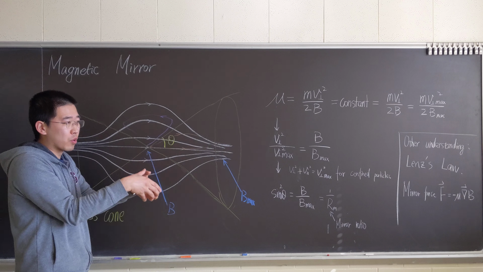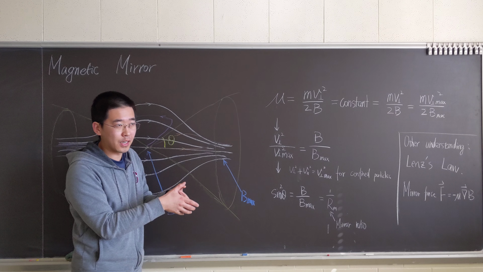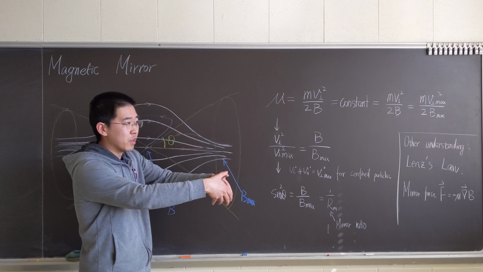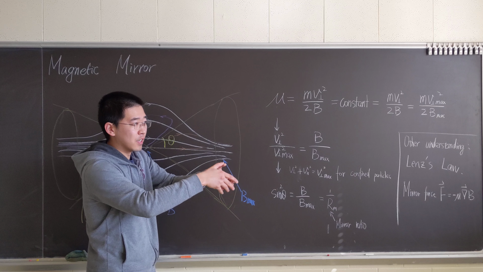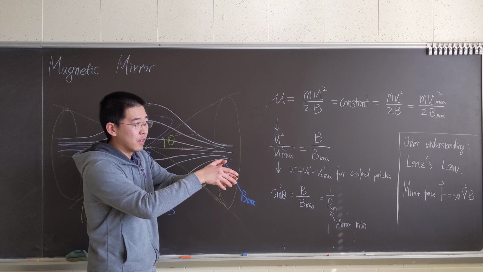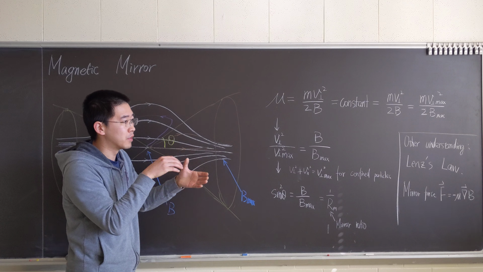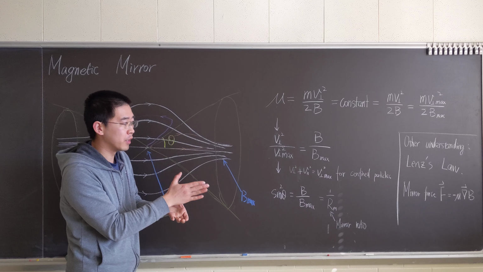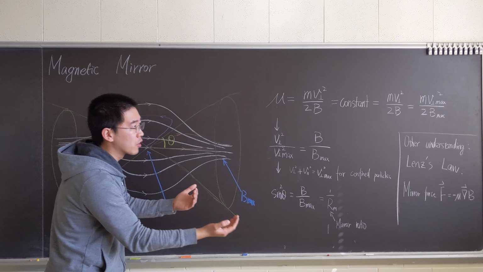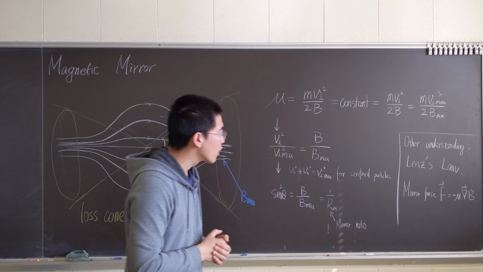As it goes to the higher magnetic field, it will try to induce a current that resists the increase of the magnetic field, and it ends up becoming faster and faster. That means the perpendicular kinetic energy keeps increasing until there's no parallel kinetic energy, and then the particle will just go back.